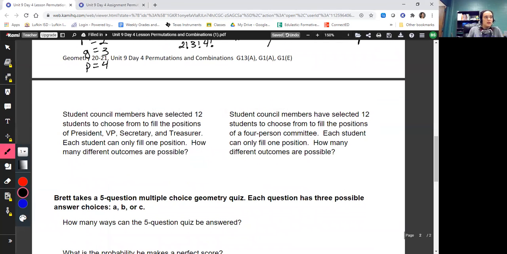Next up, student council members have selected 12 students to choose from to fill the positions of president, vice president, secretary, and treasurer. Each student can only fill 1 position. How many different outcomes are possible? So this means we have a permutation, so we need blanks because order matters. And we know order matters because we have 4 different spots: president, vice president, secretary, and treasurer.